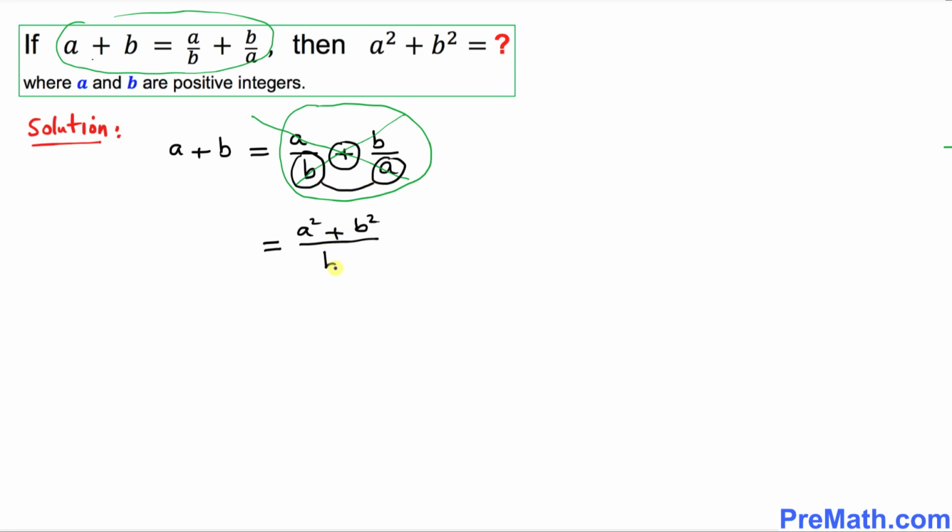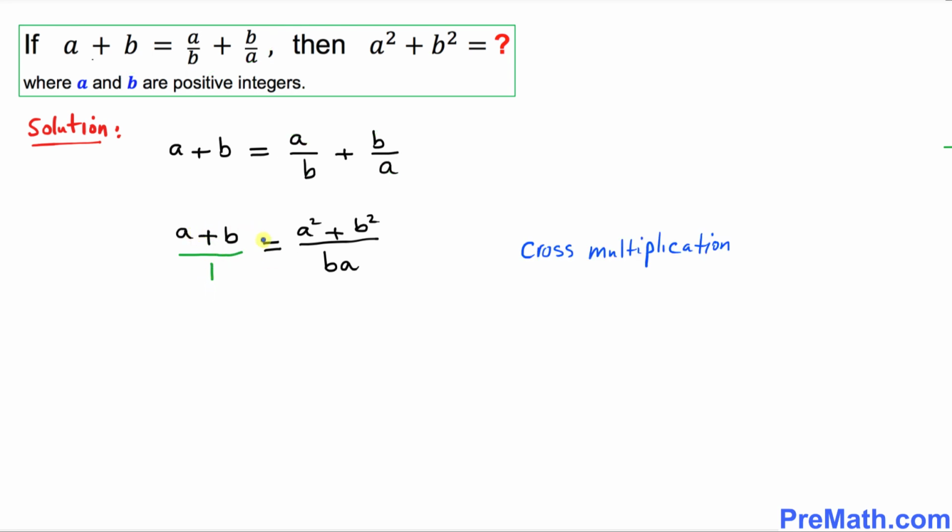This becomes ba. And on the left hand side we got a plus b. So far so good. And now since we have a fraction on the right hand side, we can make the left hand side a fraction as well by just putting 1 underneath.